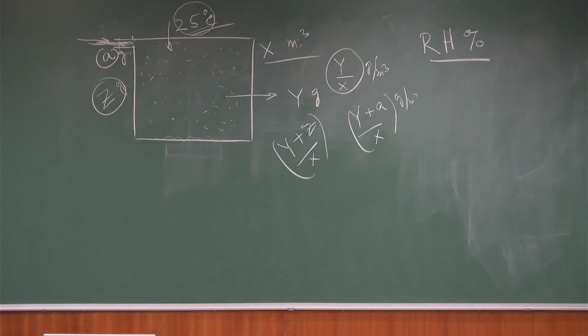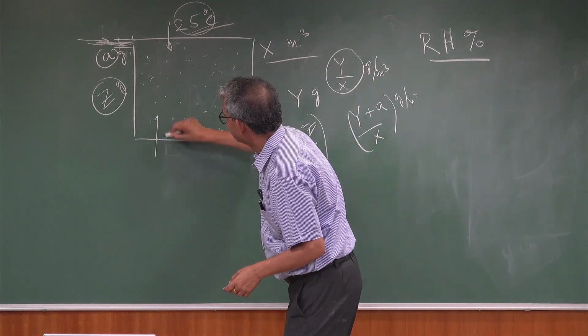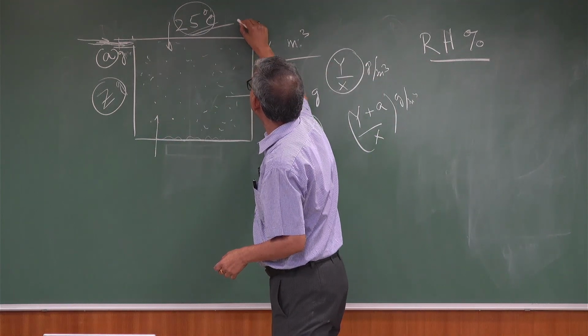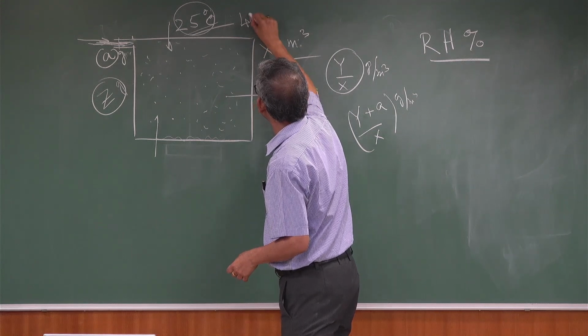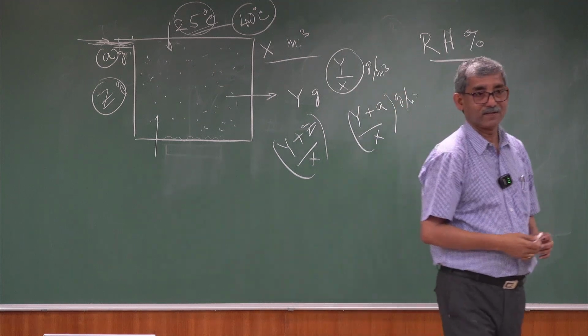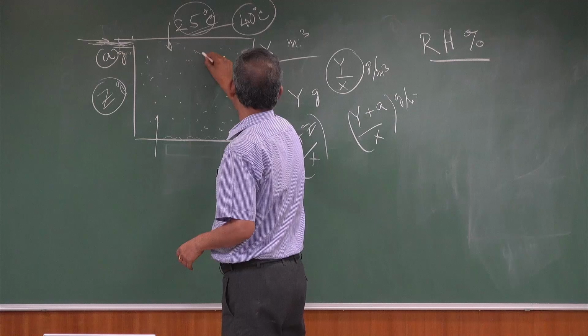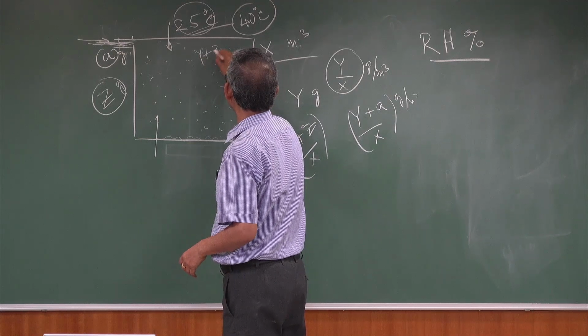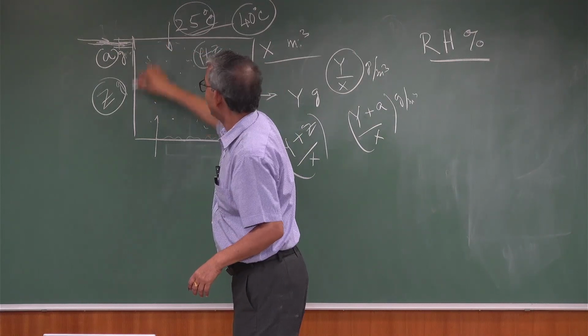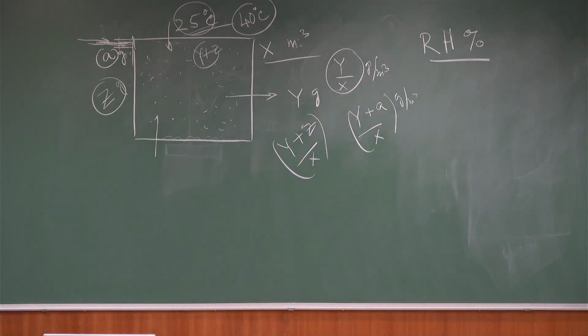Now I am increasing the temperature again. 25, I am making it say 40 degrees Celsius. Y plus Z, now closed it. Now I am increasing the temperature. What will happen here?